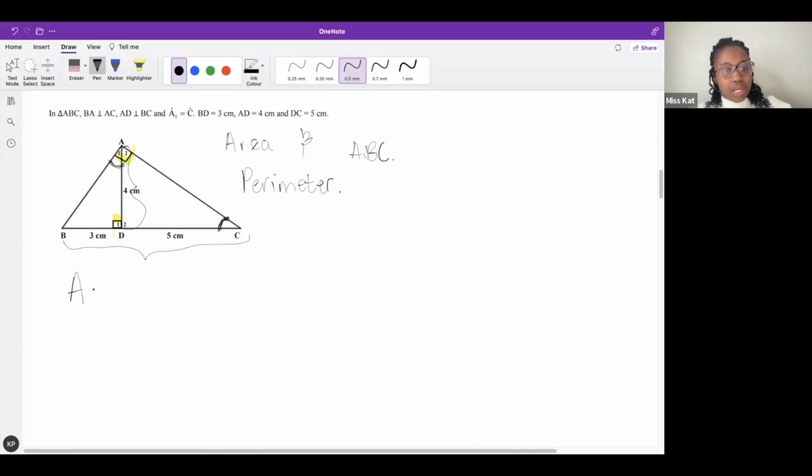So we said area is half of base times height. What is my base? How much is my base? 8. Thank you very much, Luguwe. And my perpendicular height?